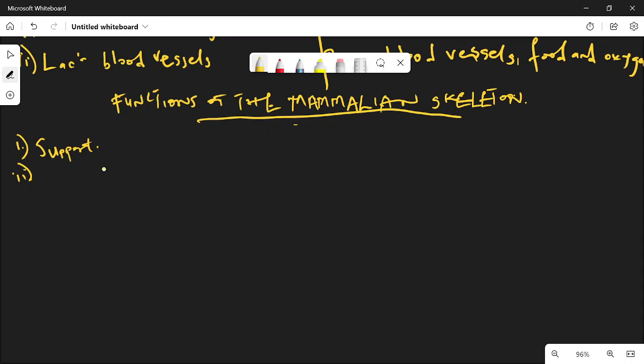So the skeleton gives support to some internal structures or organs for points of attachment, thus preventing them from crushing on one another or moving from place to place, as well as giving form and shape to the body.